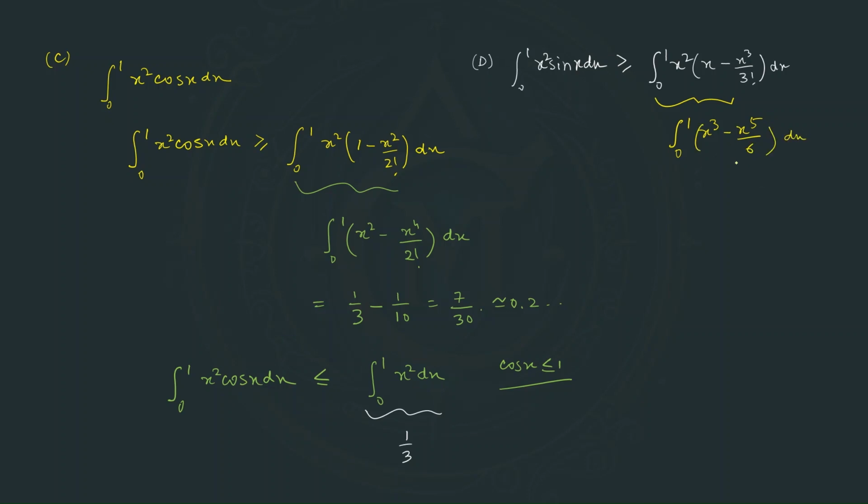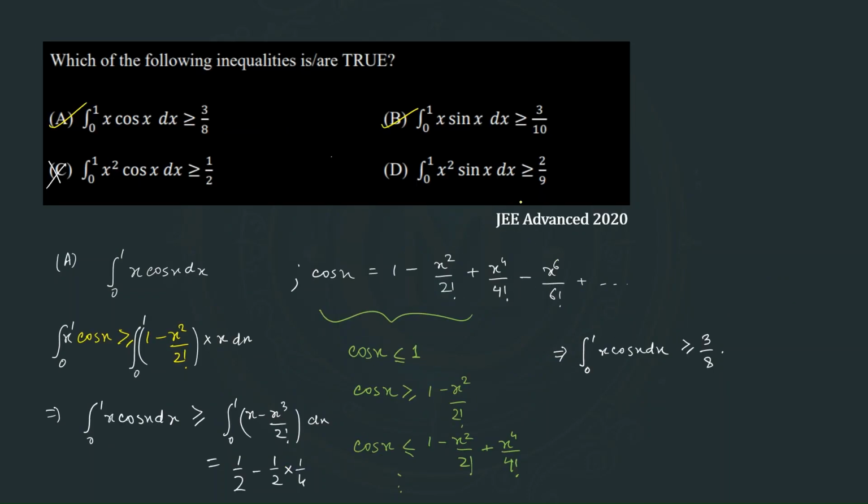Then if we integrate this, it will become 1 by 4 minus 1 by 6 into 1 by 6. So 1 by 36. So it will become 8 by 36. That means 2 by 9. So integral 0 to 1 x square sin x dx is greater than or equal to 2 by 9. And this option D is also saying that this integration is greater than or equal to 2 by 9. So option D will also be true. That means the correct answer will be A, B and D.